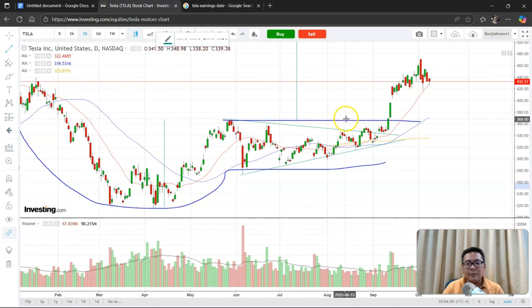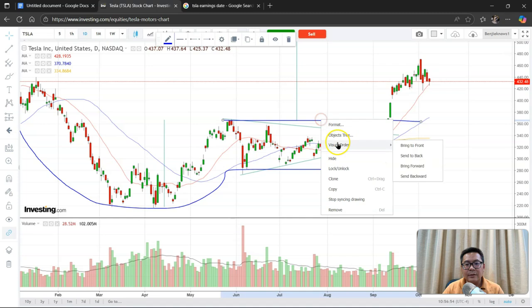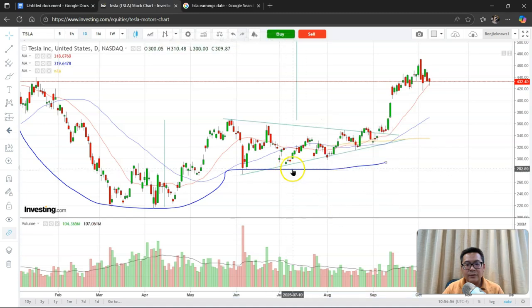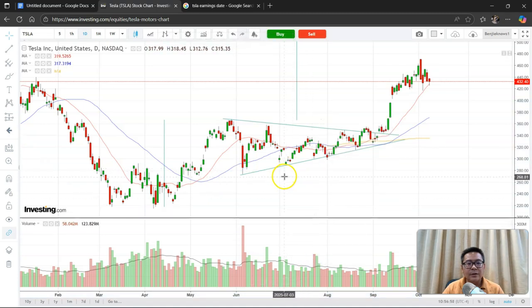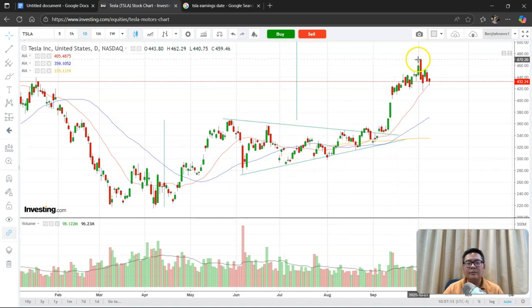So, for example, if you wanted to trade it, let me just remove this handle so that you can see. If you want to trade Tesla, you could have bought this triangle breakout, maybe somewhere here, put a stop below the uptrend line of the triangle, and ride it up and sell it.